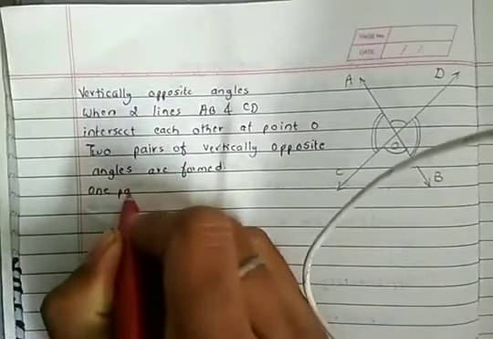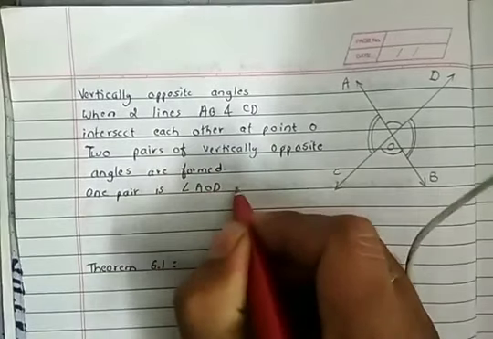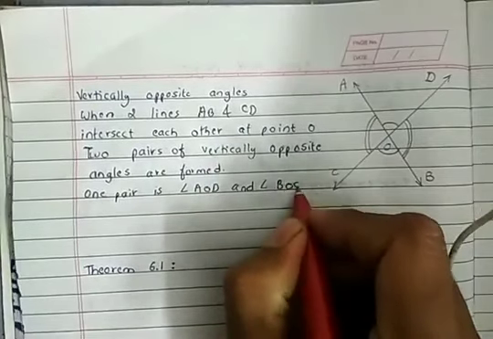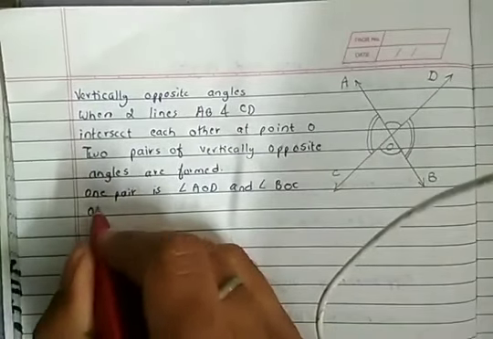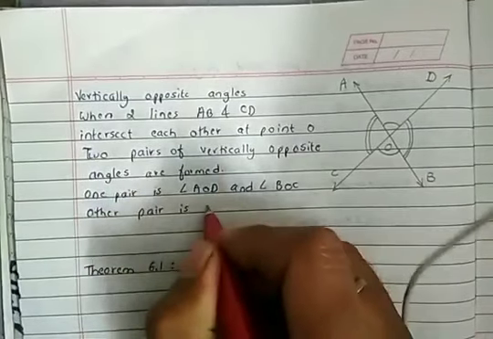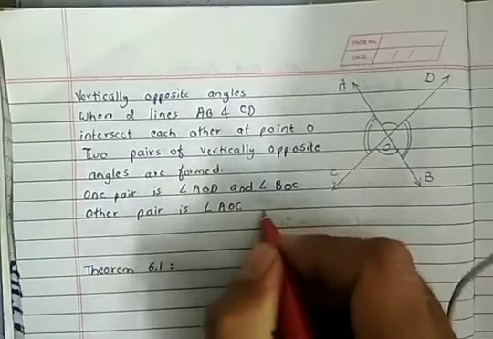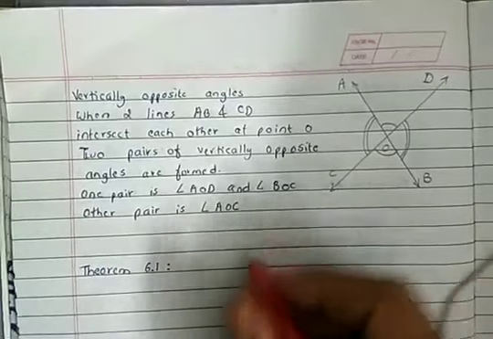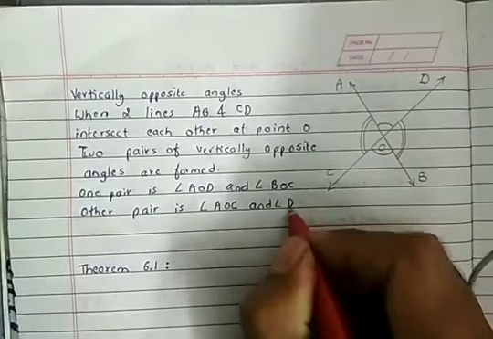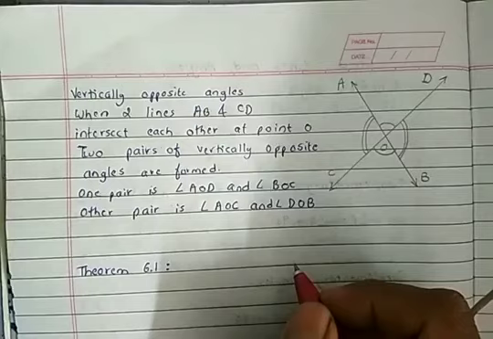One pair is angle AOD and angle BOC, and the other pair is angle AOC and angle DOB, right? Two pairs of vertically opposite angles are formed.